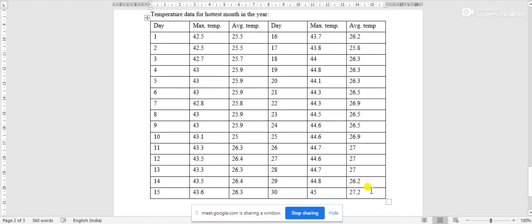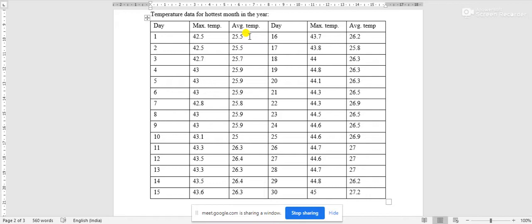Maximum temperature is the temperature when the daily temperature is maximum, and in general this maximum temperature may be found after noon, that means from 2 p.m. to 3 p.m. Average temperature is nothing but all the temperatures throughout the day.